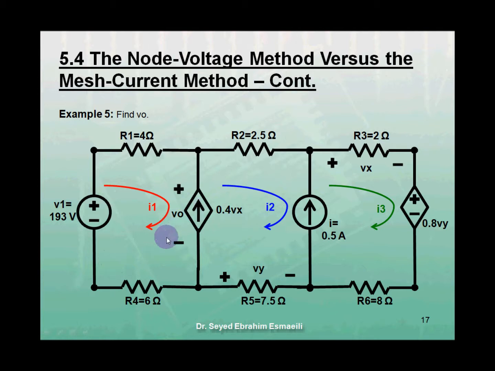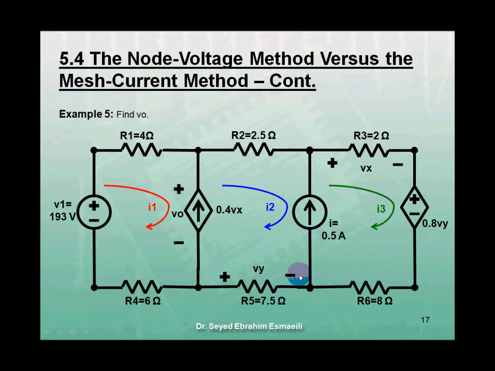The second equation comes from the dependent current source constraint, where we have 0.4 Vx equals I2 minus I1, and Vx equals I3 times R3. The equation from the independent current source is I equals I3 minus I2.